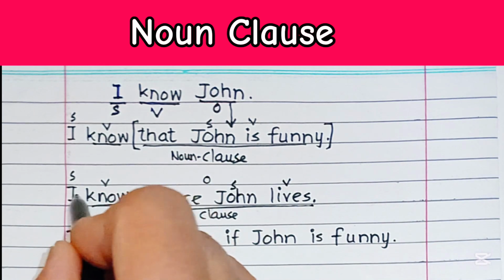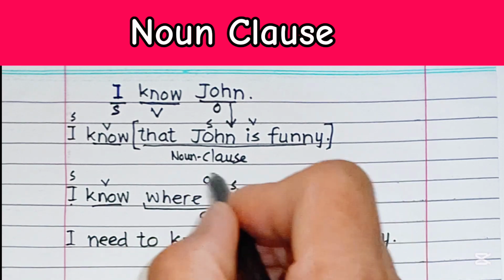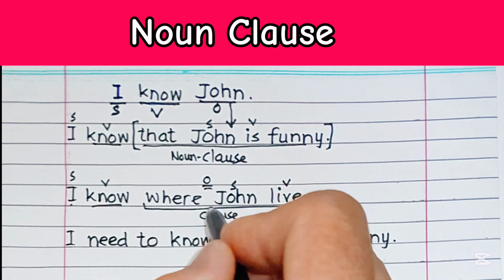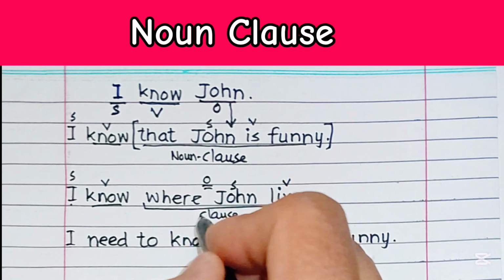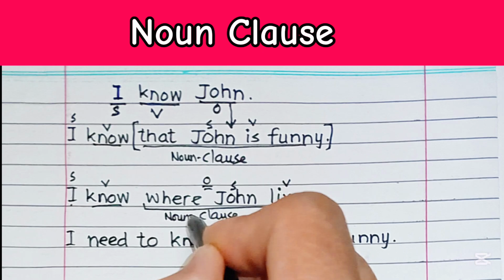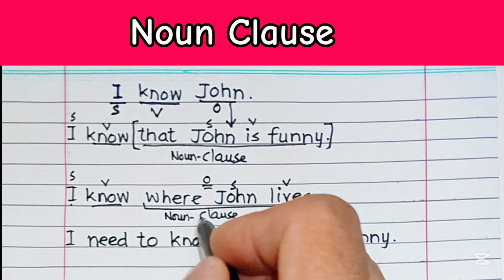So I know, subject verb, and then where John lives is a clause that is being used in place of an object or a noun. So once again, this is another type of noun clause.